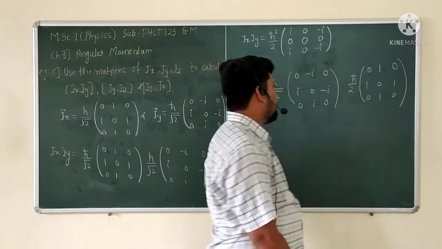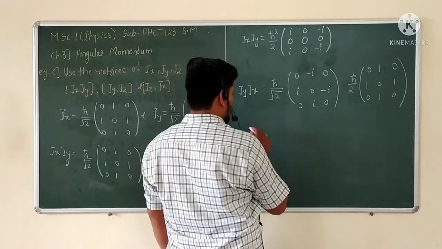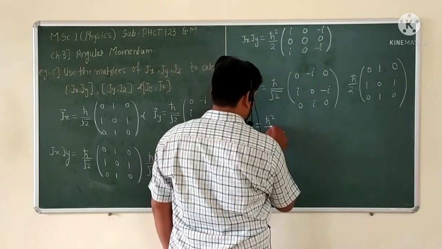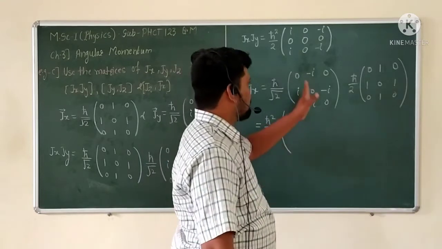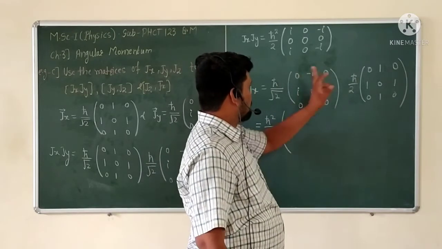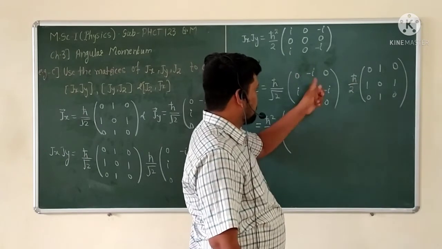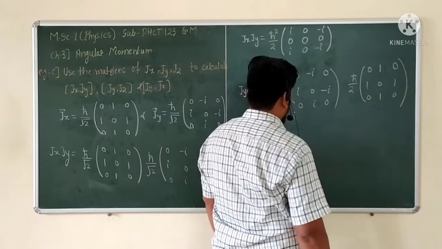Again, multiplication of these matrices, which is nothing but ħ/2 into ħ/2, which is ħ² by 2. Again, multiplying this row and column: 0 into 0, 0, minus i into this i is minus i, and 0 into 0, so this is the minus i.